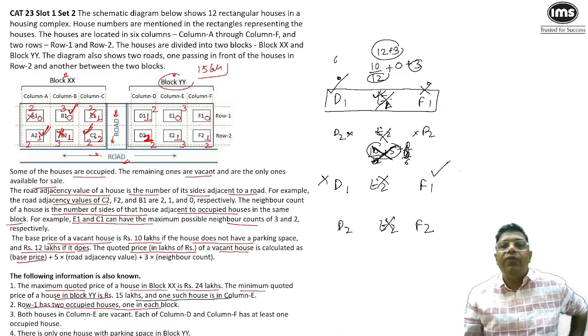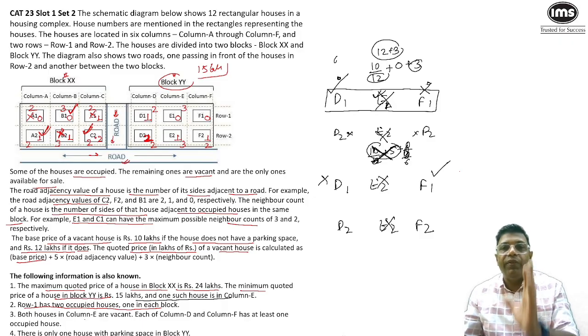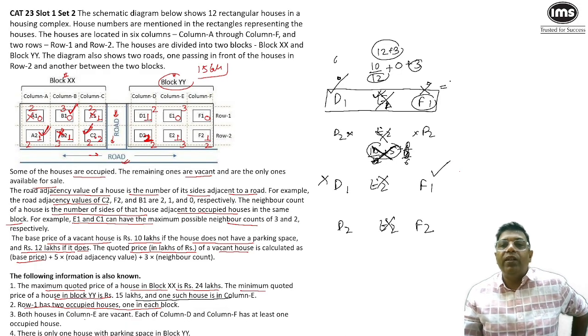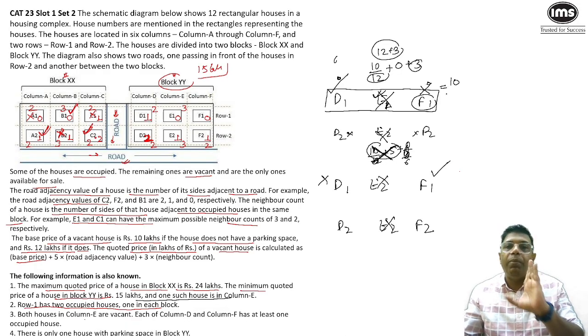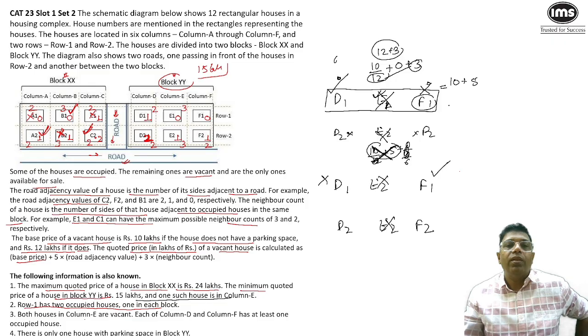Now suppose E1 has a quoted price of 15 lakh, what is the price of F1 if it is vacant? If F1 is vacant, its price could be 10, because now you can't take parking, as you have already consumed parking over here. 10 plus road adjacency value is 5, right?